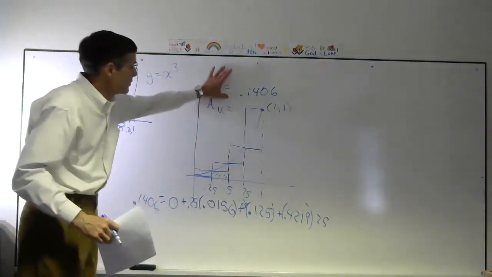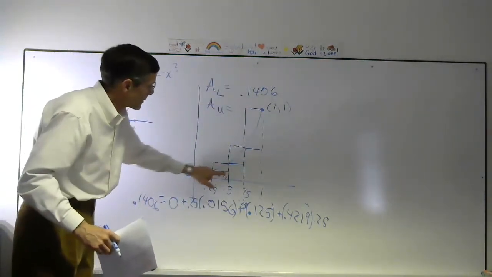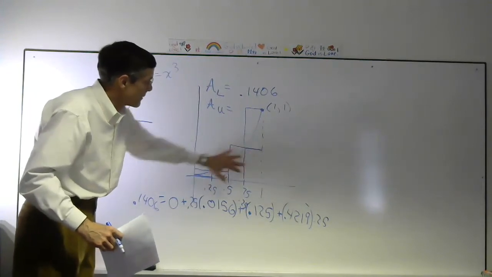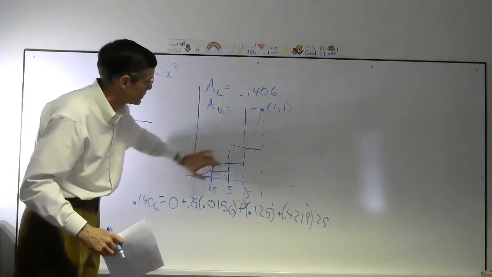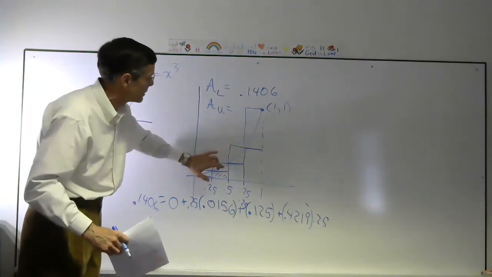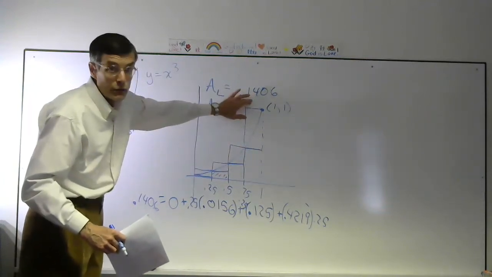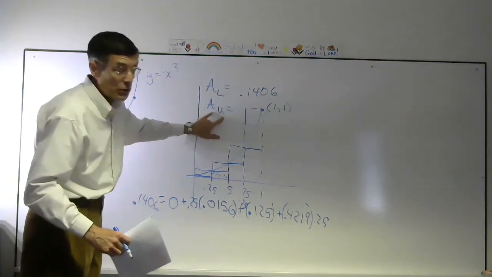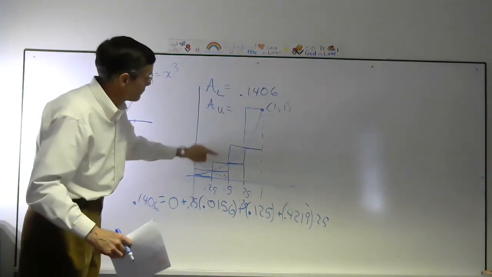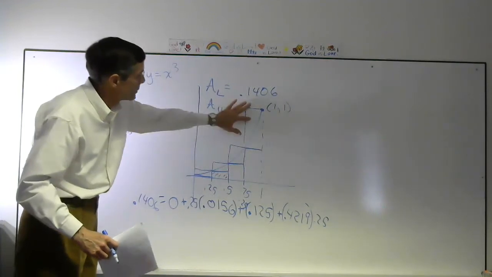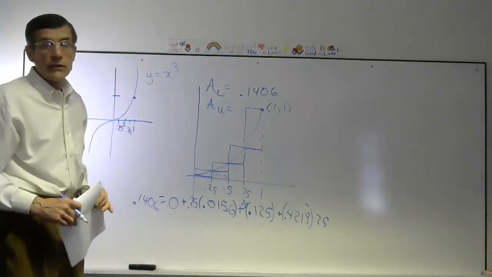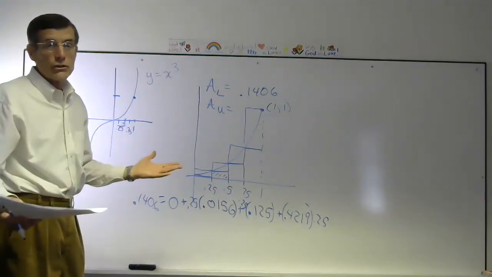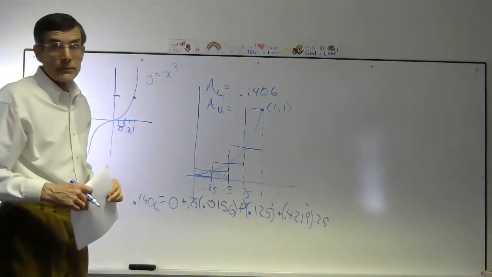Just as A sub L was an approximation of the area under this curve, 0.1406, but because there is so much space we didn't measure, this would be lower than the true area. A sub U will be measuring these 4 big rectangles, and look at all the waste here. A sub U is going to give us a measure of area that is too big, okay?